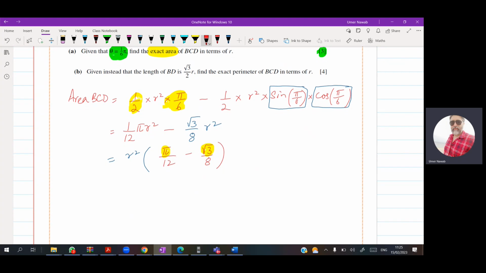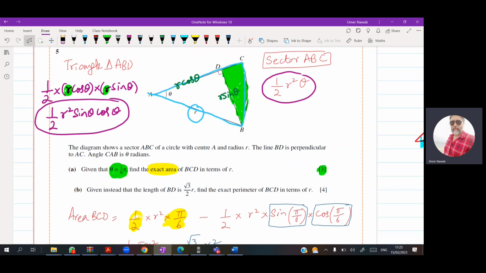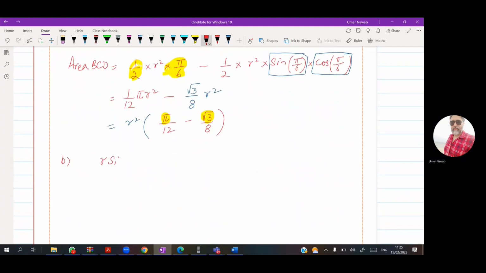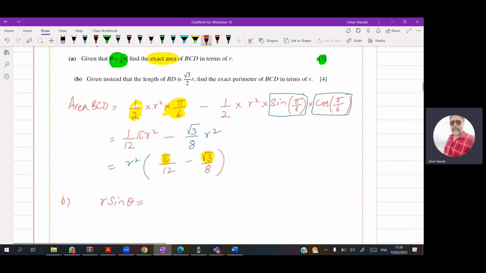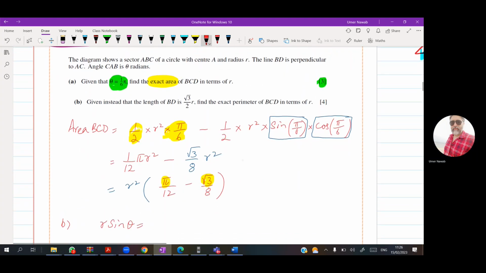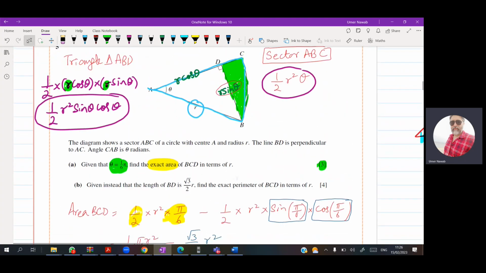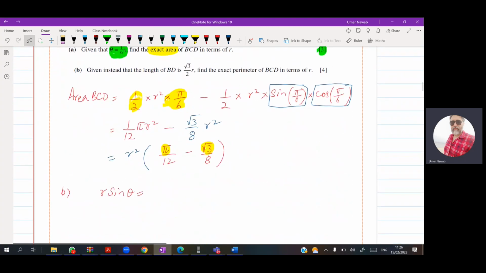Next part, B part is, he said, given instead the length of BD is square root of 3 over 2 R. You remember the BD length was how much? The BD length was R sine theta. So let me write here R sine theta is equals to square root of 3 over 2 R. Can I cancel R with the R?